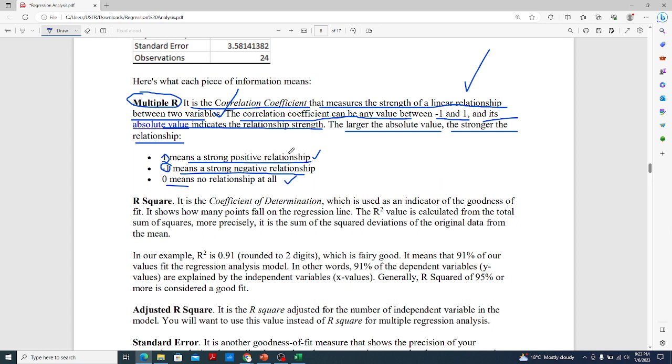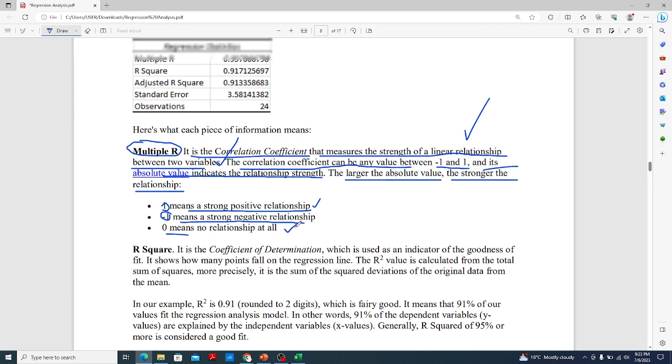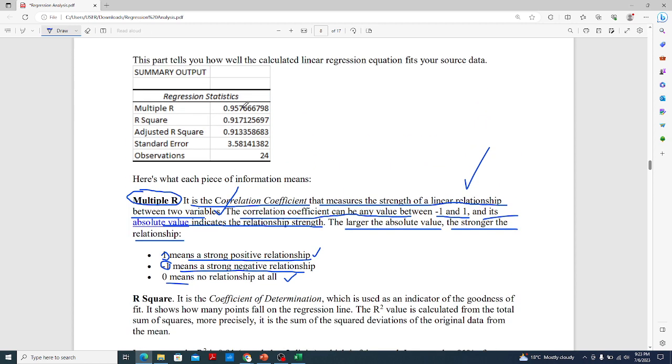Okay, so in our example we got a correlation of 0.95. Meaning that variable x explains 95% about variable b.